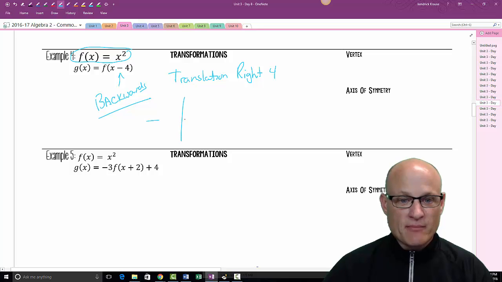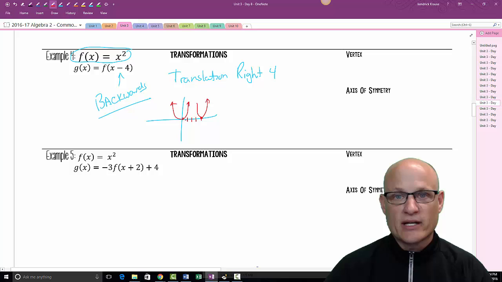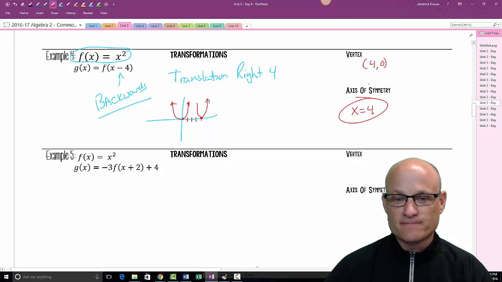Normally, my vertex would be right here at the origin, and it would be going up, but we're going to move to the right 4. 1, 2, 3, 4. So my new vertex should be not (0, 0), but (4, 0). And therefore, my new axis of symmetry is x equals 4.